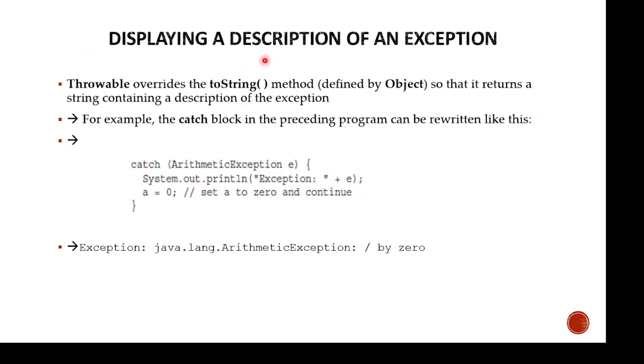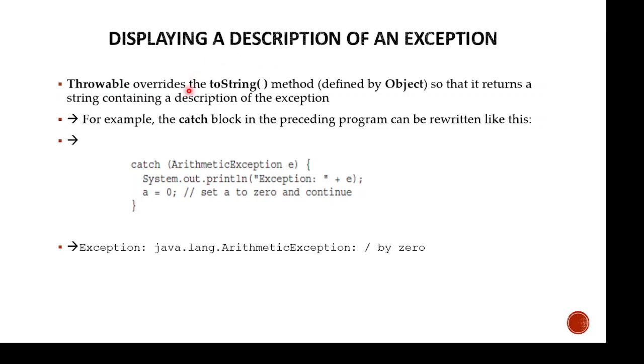So whenever we do this, we will be displaying this description in a print statement. Using the print statement, we display it by passing the exception as an argument inside the print statement, and then we get the exception printed.